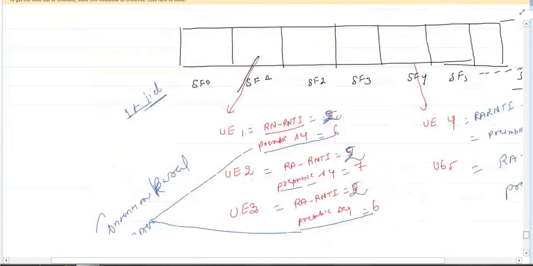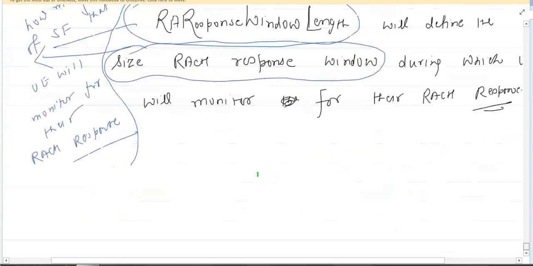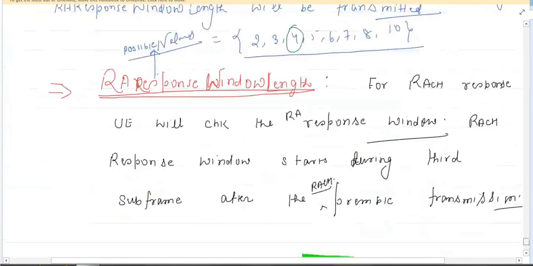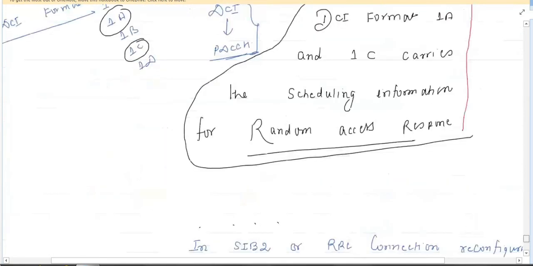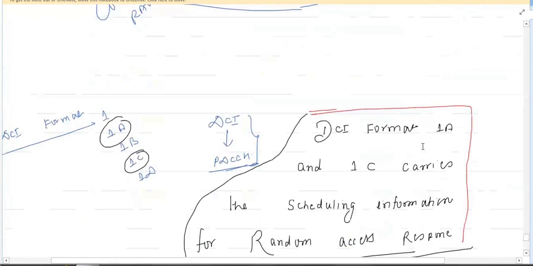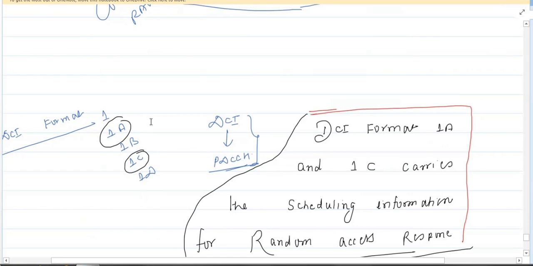DCI format 1A and 1C will be used, that I have written here. There are different formats of DCI: 1A, 1B, 1C, 1D, 2A, 2B, 2C. For RACH, DCI format 1A and 1C carries the scheduling information for the random access response.